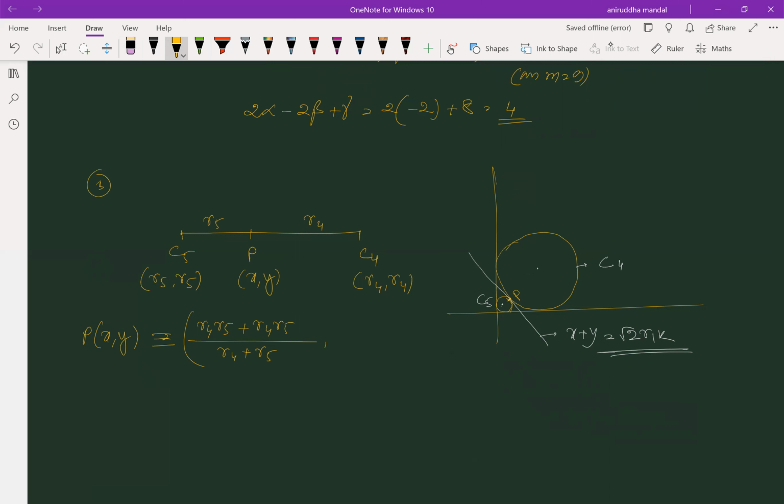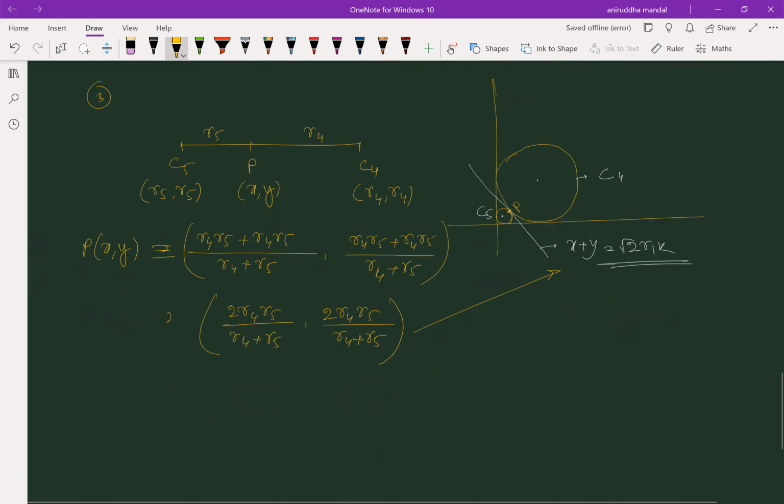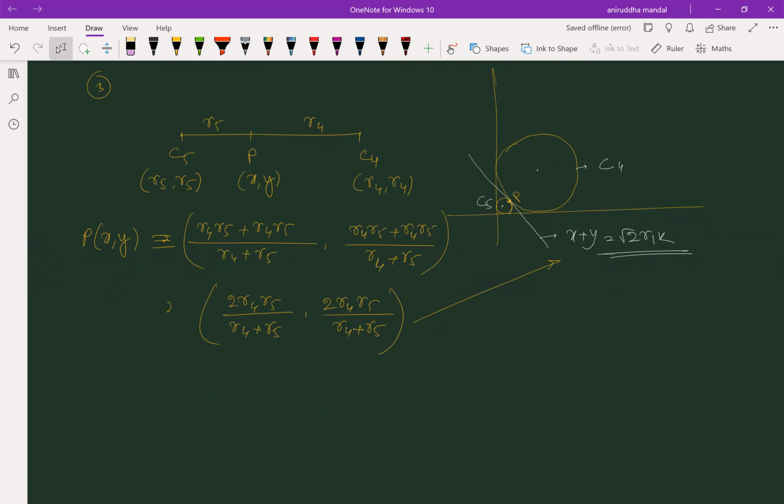So this coordinate is 2R4 R5 divided by R4 plus R5. Now this is the point of contact. So this point of contact will satisfy this equation. So if we substitute the value of x and y, we get root 2 R1k equal to 2 plus 2 means 4, because everything is same.